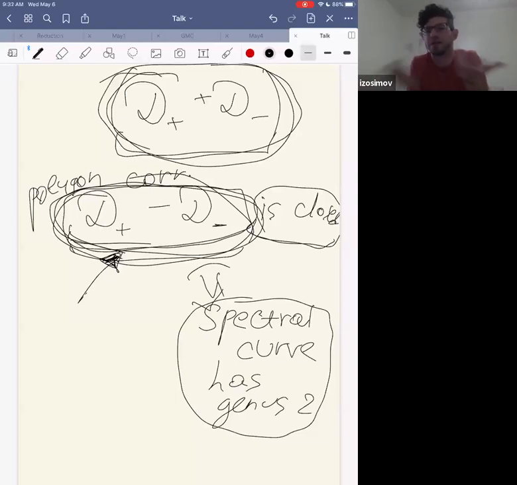I don't know any natural explanation, but one can use this trick to show that spectral curves of genus 2 are not allowed. If we don't impose convexity, then I think these curves of genus 2 are possible. The problem is it's hard to construct an example explicitly, because it's related to genus 2 curves. These polygons that arise, one can write them in terms of genus 2 theta functions, but I don't know if one can make it more explicit.